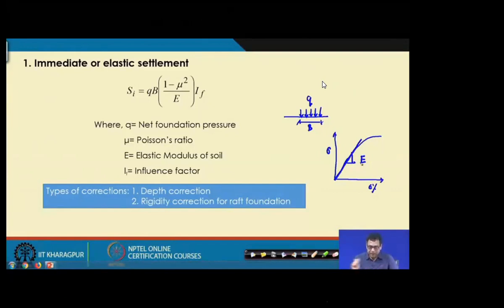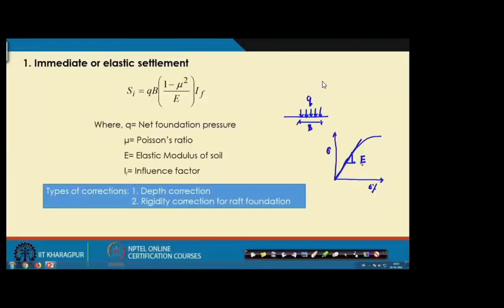And then I_F is the influence factor, and when you calculate the elastic settlement, you have to apply two corrections: the depth correction and the rigidity correction. All the expressions are developed for the surface footing, but you will place the foundation at a depth below the ground surface, so you have to apply a correction in the settlement.